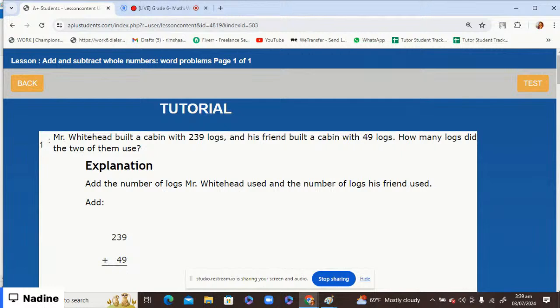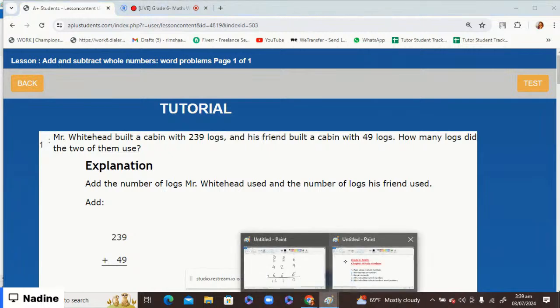Mr. Whitehead basically 239 logs, and his friend is basically 49 logs. So how many logs did the two of them use? So it means that we sum up both the logs together and then we check our answer. Okay. So when we sum up 239 with 49, let's check.